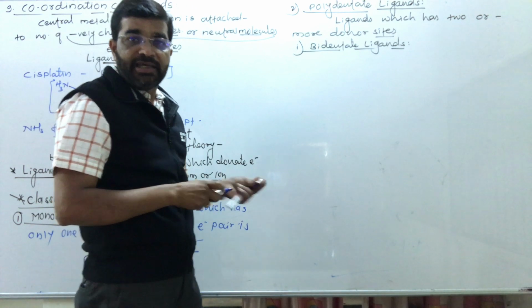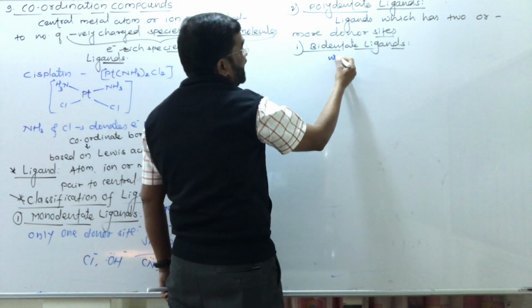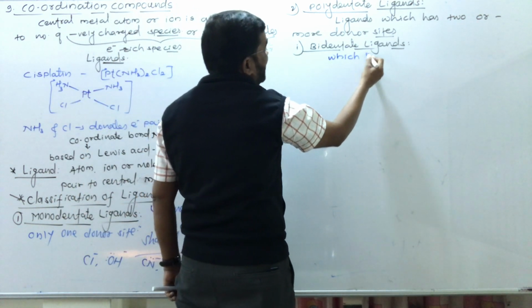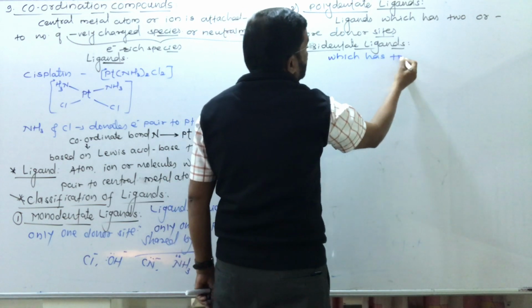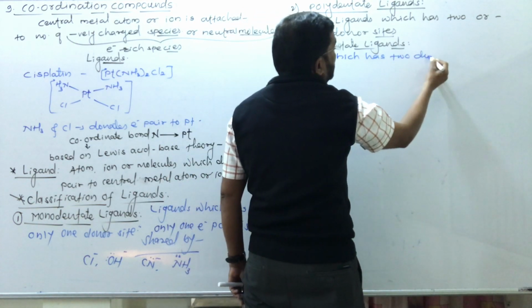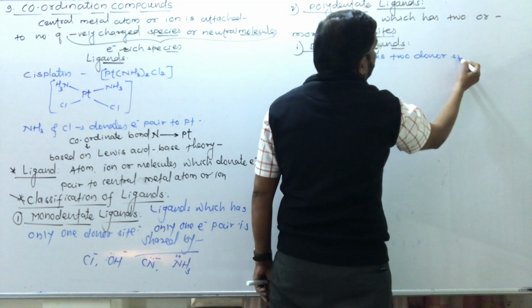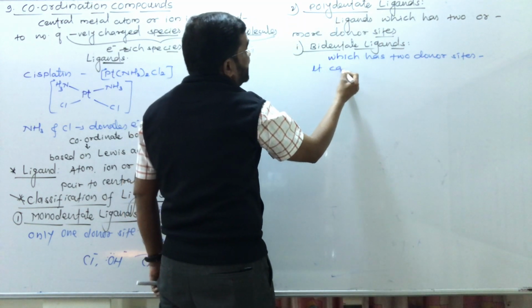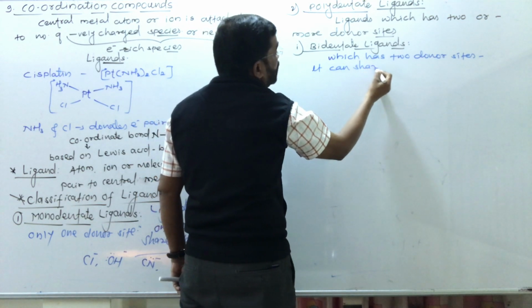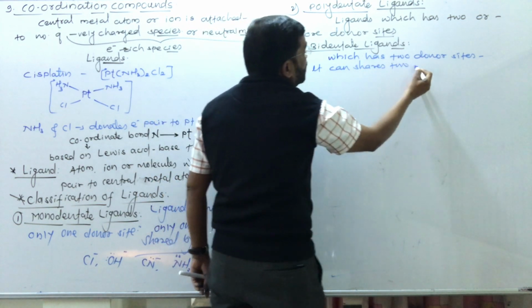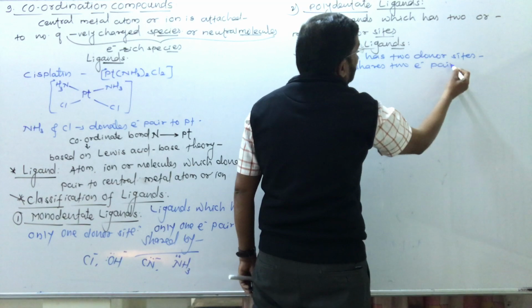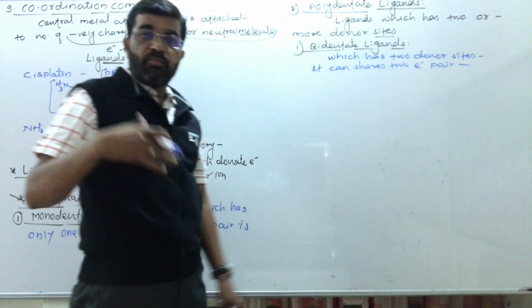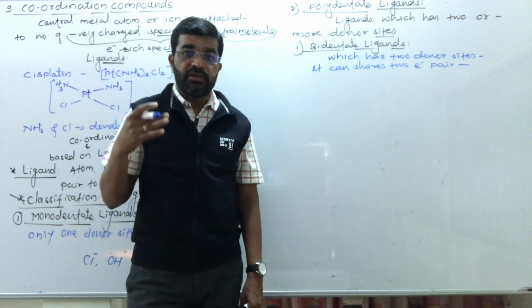These are ligands which have two donor sites, or which can share two electron pairs with the central metal atom or the metal.